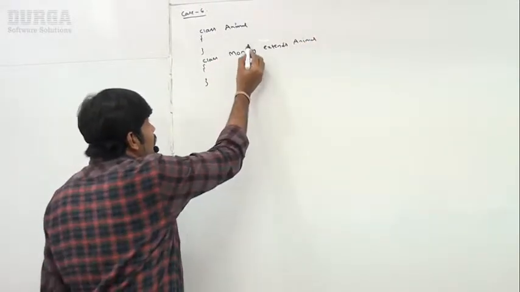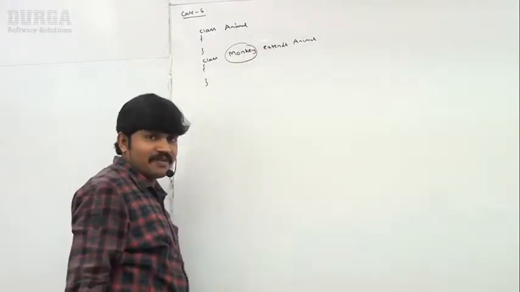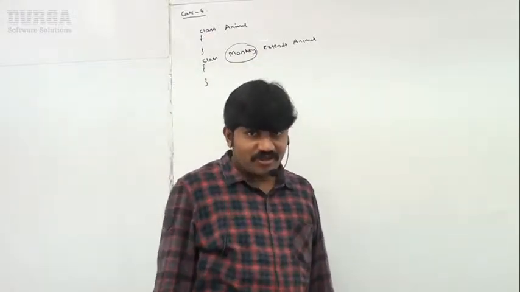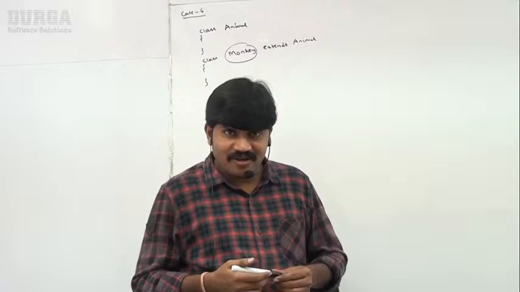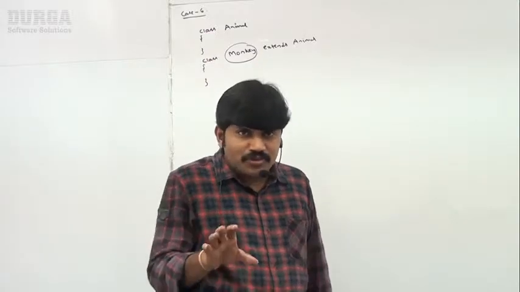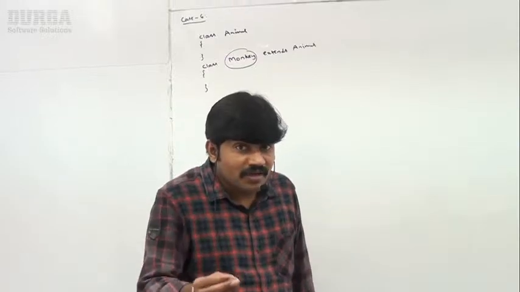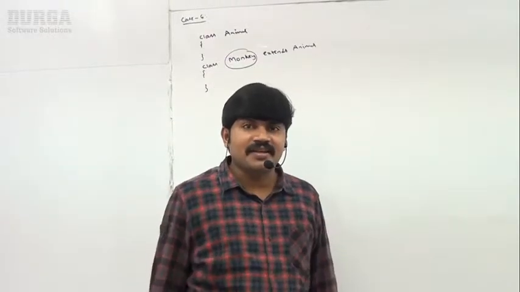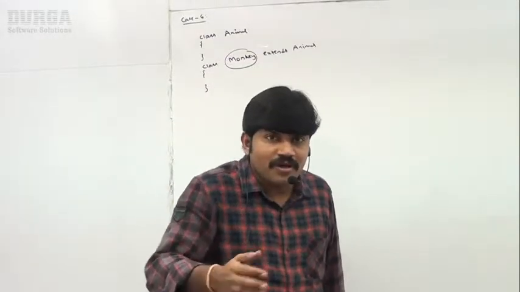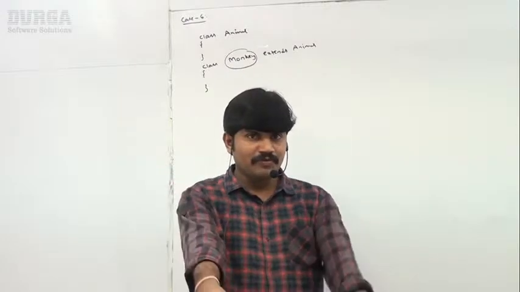Why is monkey my favorite animal? Because most software engineers like us are monkeys only. The reason is, for the sake of some 20% hike, 30% hike, we keep on changing the company. Today I'm in Infosys.